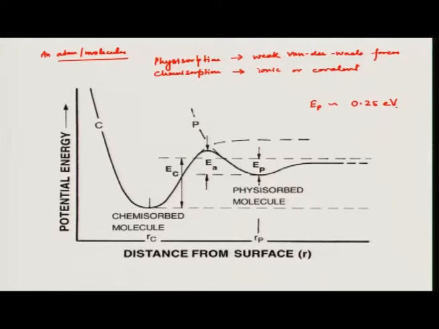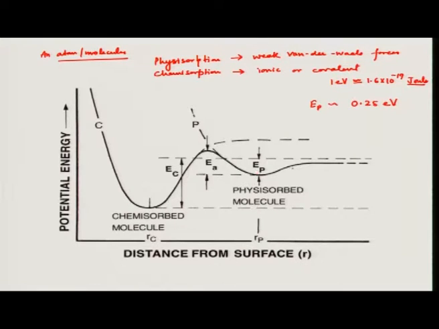So, this is energy, and 1 electron volt is approximately equal to 1.6 × 10^-19 joules. So, this is the energy of physisorption. As you see, it will get attached and lower its energy by physisorption.